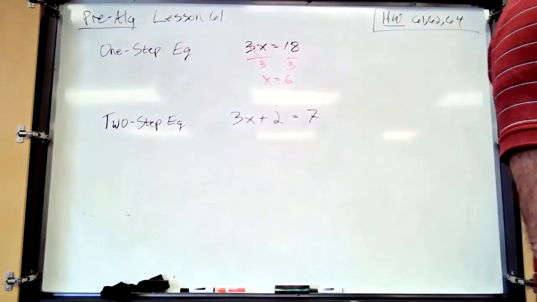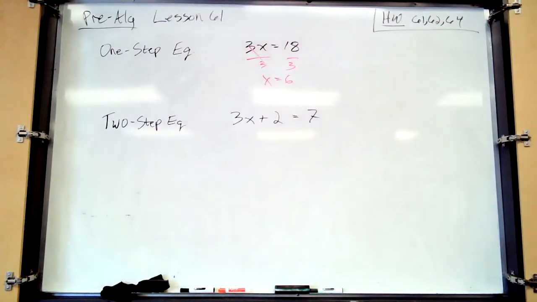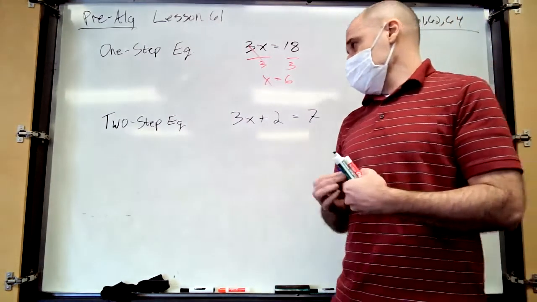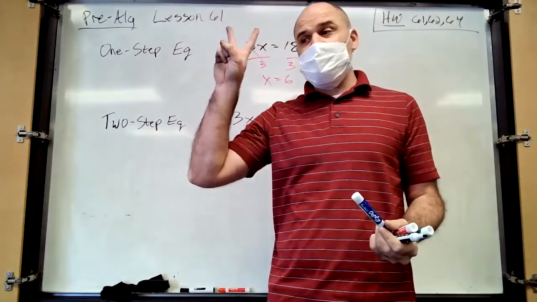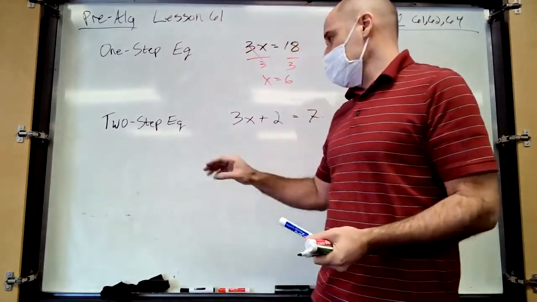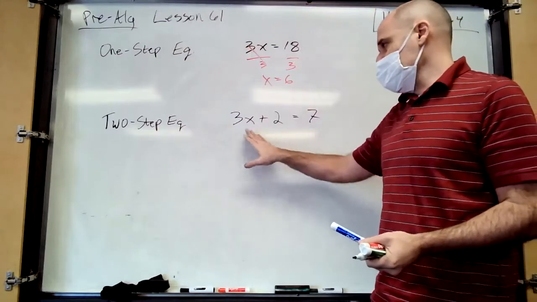Your goal, don't try to figure out what x is. You have to get rid of 2 things. This is why they call it a two-step equation, because in order to get x by itself, you have to get rid of 2 things.